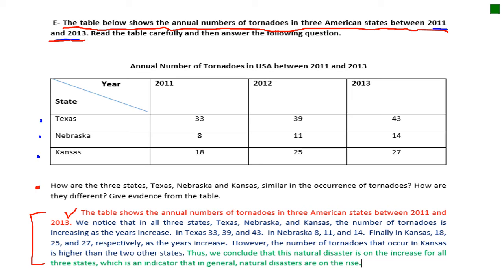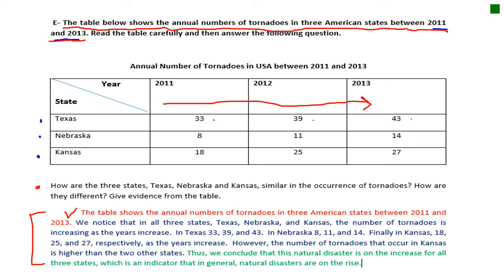Now you need to analyze here. They asked about similarities and differences. What similarities do you see? Whenever they say similarities and differences, look vertically and look horizontally. I prefer that you look horizontally first, meaning this way. Texas, 33, 39, 43.